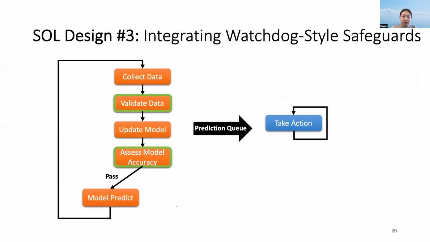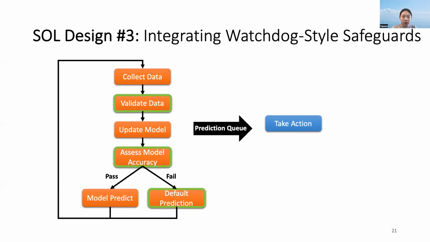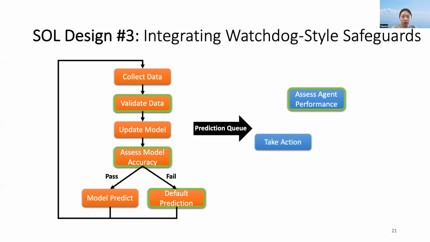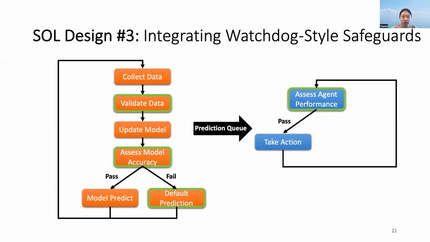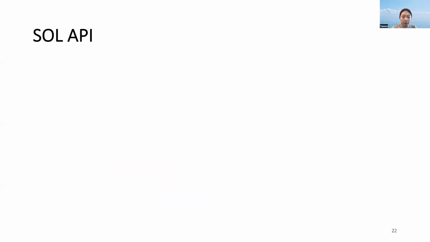If the model passes the accuracy threshold, the prediction from the model will be used. If not, a default prediction is used instead. A safeguard is also added to the actuator to assess the overall agent performance. If the check is passed, the actuator takes an action based on the model prediction. Otherwise, it takes a developer-specified safe action instead.